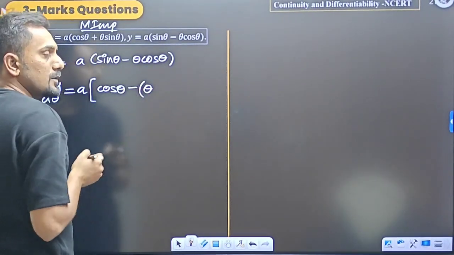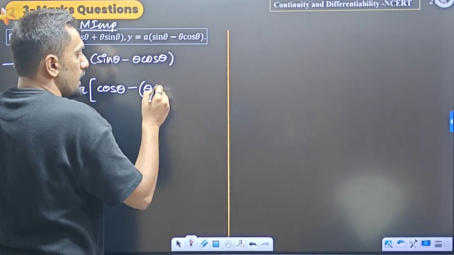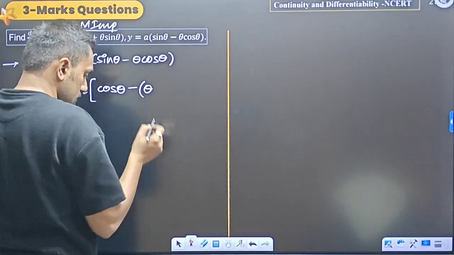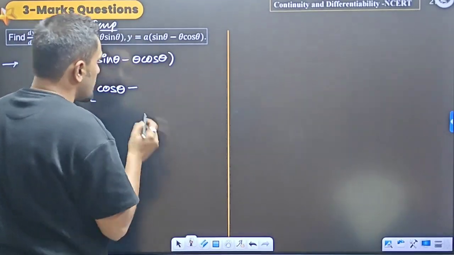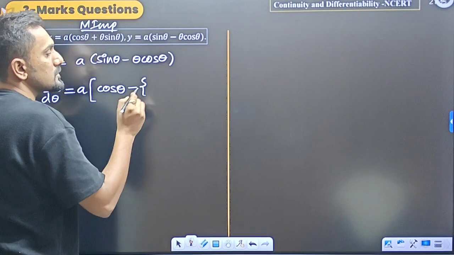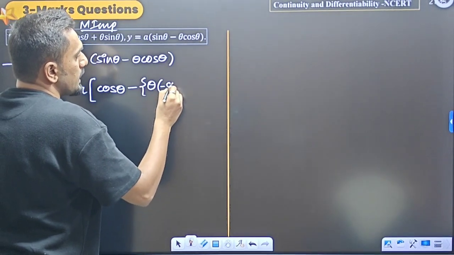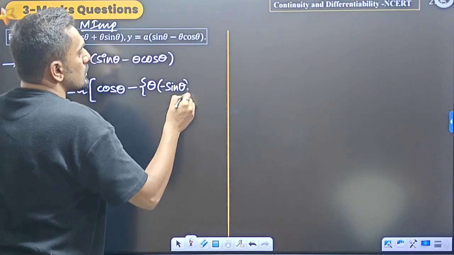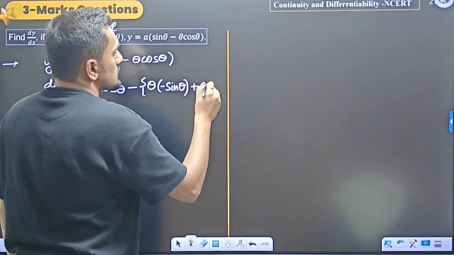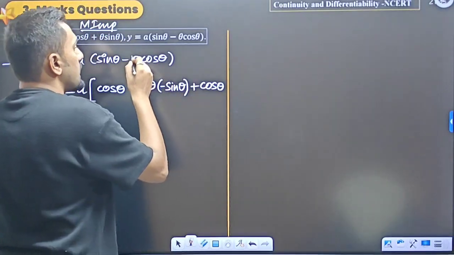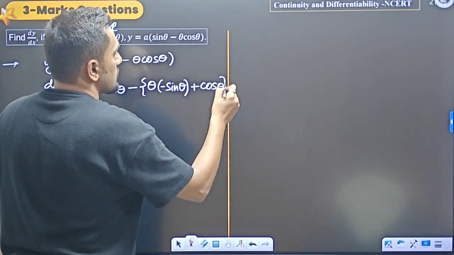Theta is the first function, keep it as it is, the derivative of cos theta is minus sin theta. So for this I will use a curly bracket. So theta into minus sin theta, then plus the second function as it is, that is cos theta, into the derivative of theta with respect to theta, which is 1. No need to write 1. Close.